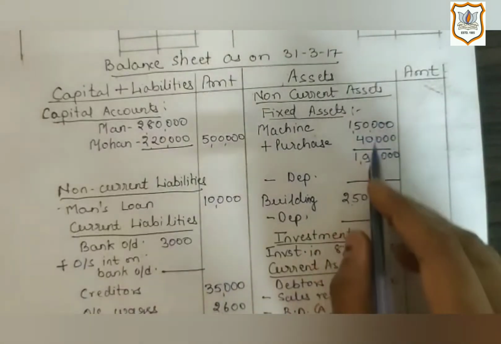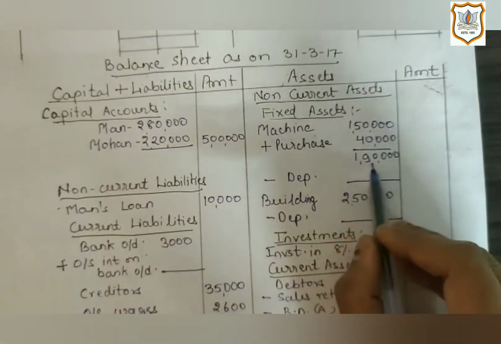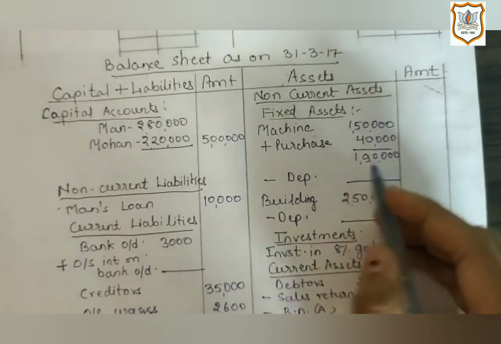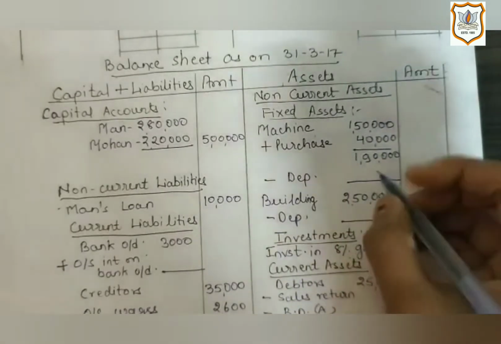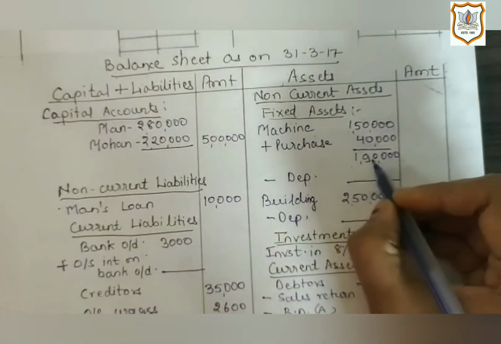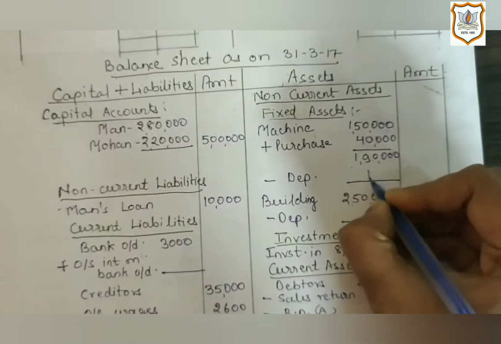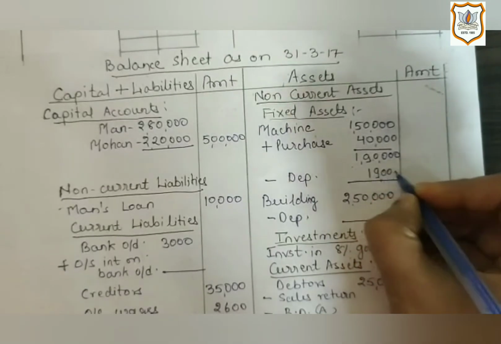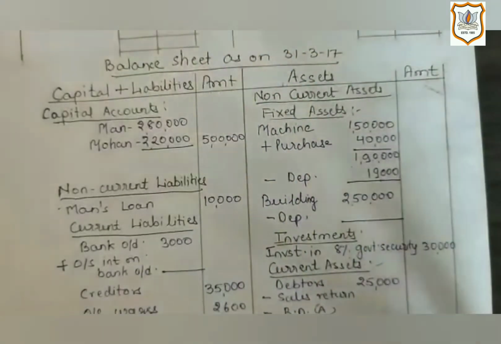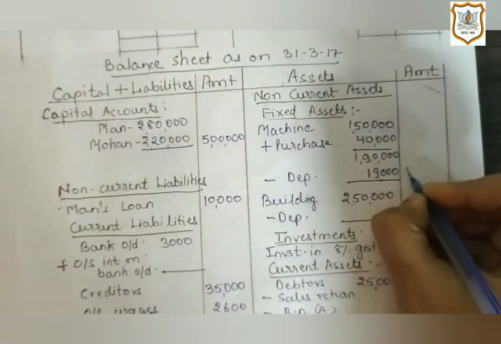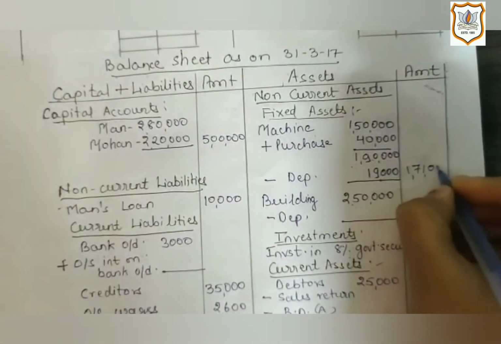So when we add these two, we will get 1,90,000. So on 1,90,000, we will calculate 10% depreciation, which is 19,000. So by deducting it, we will get 1,71,000 in outer column.